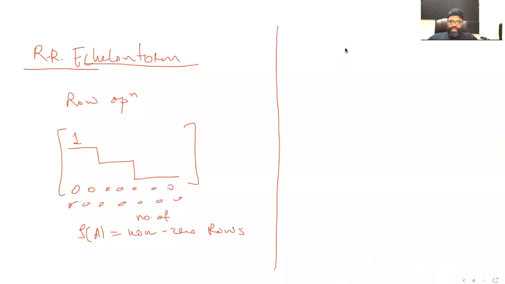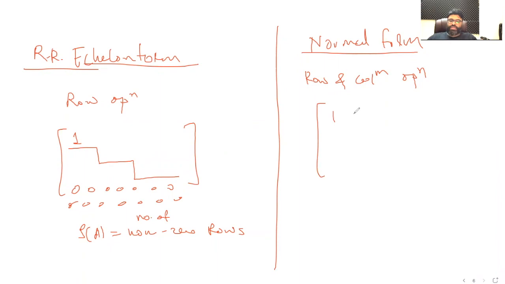That's the echelon form. The next form we have is called the normal form. And in normal form, we want to do row and column operations. We perform both row and column operations. And here we try to reduce it to an identity matrix, 1 0 0 0, 0 1 0 0, 0 0 1 0, something like this.